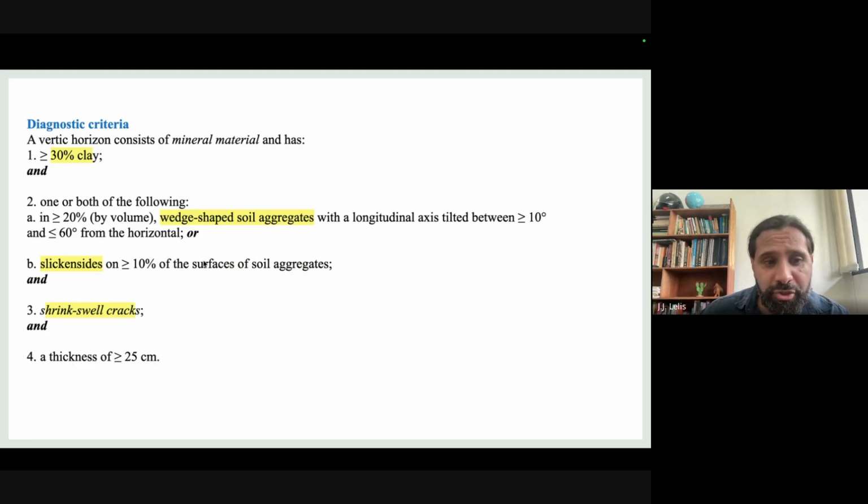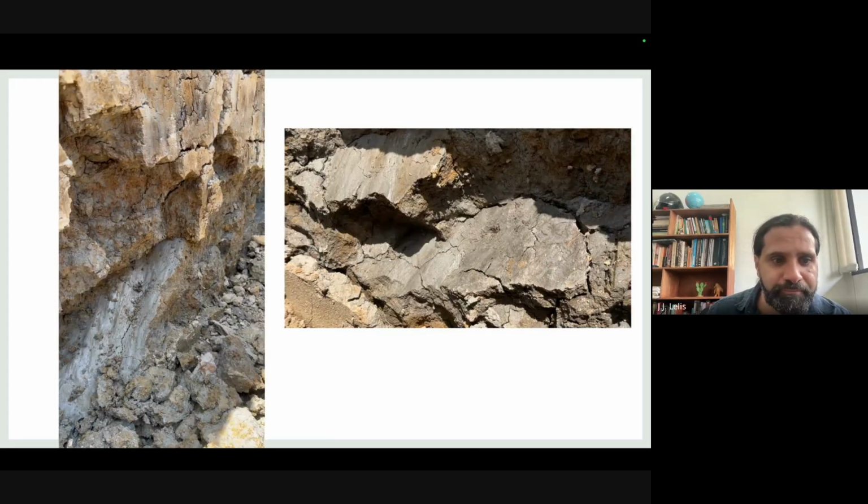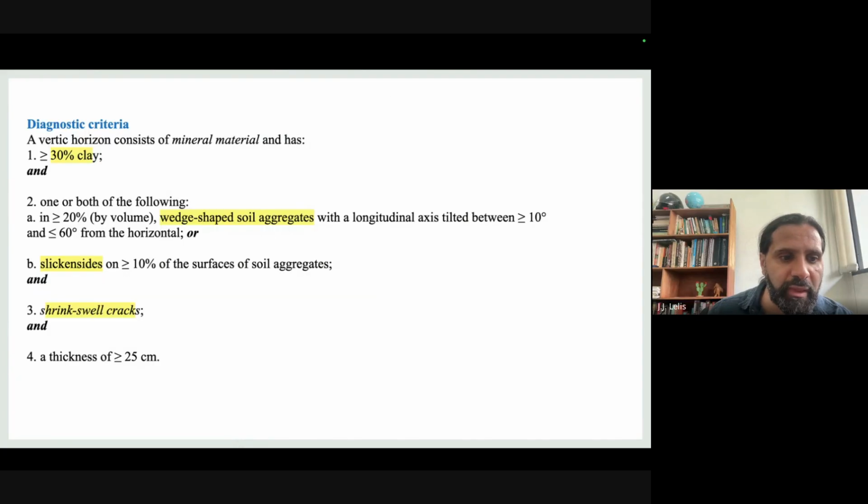We should register slickensides on at least 10% of these aggregates, and we must find shrink-swell cracks, like these cracks that we can easily see here, cracks that can disappear during the wet season but can be huge during the dry season. And the minimum thickness of this horizon is 25 centimeters.